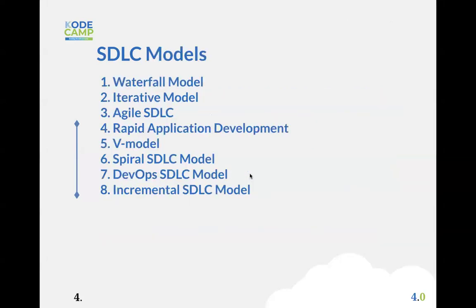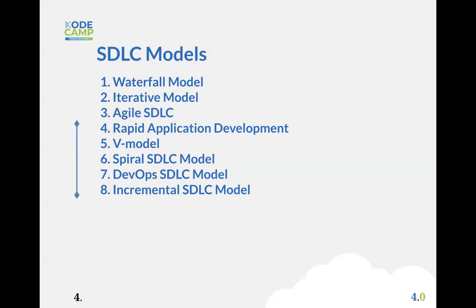Okay, so the types of SDLC that we've seen in the development space include the waterfall model, which is also known as the traditional software development lifecycle, because it was the first software development lifecycle presented. Then we have the iterative method.